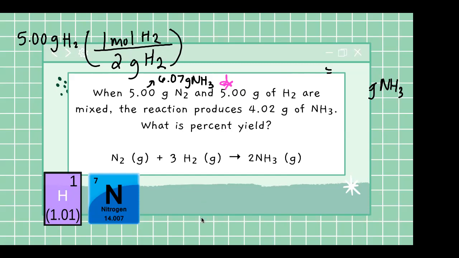Okay, and we're just going to follow the same exact flow as the thing that we did for N2, but this time with H2. So we cross out grams of H2. We're left with moles of H2, so we bring the moles of H2 down.